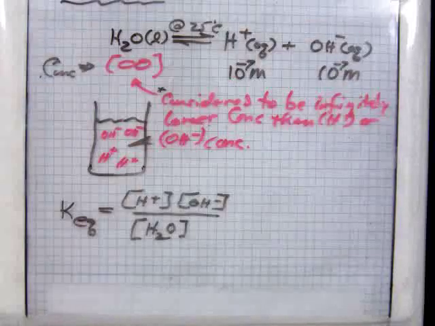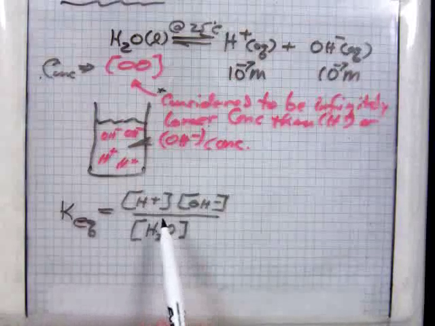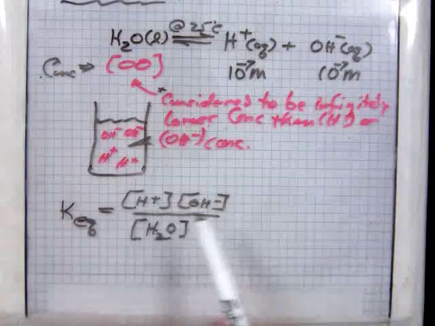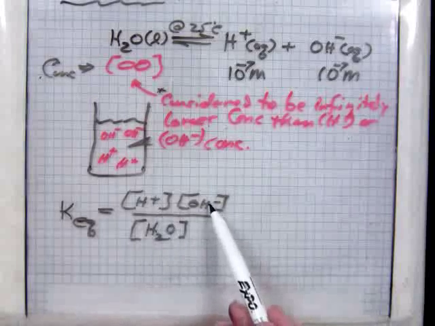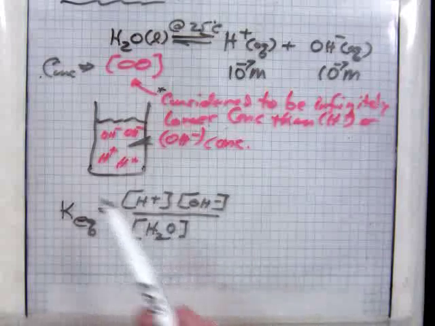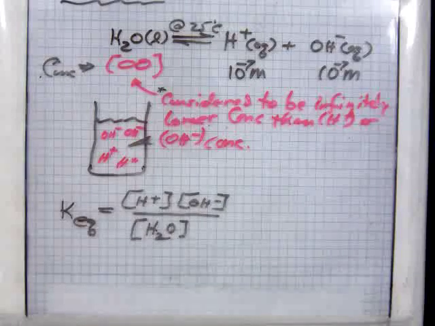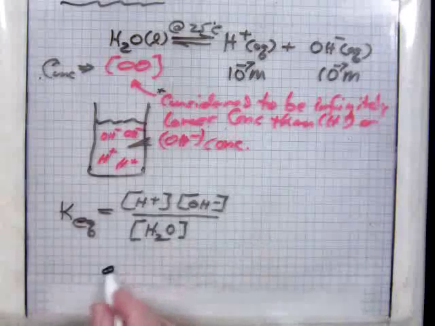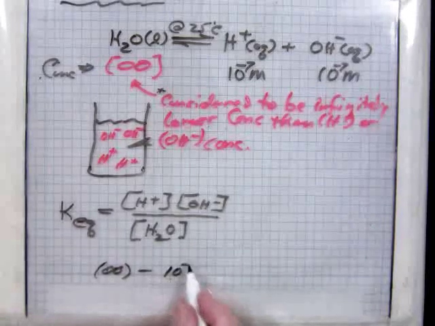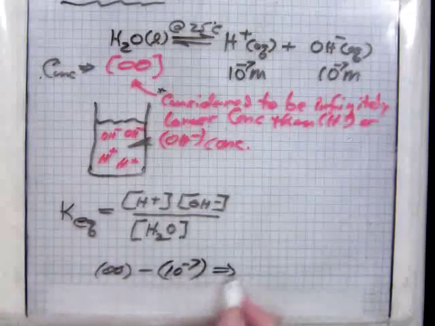So that would be the true equilibrium expression for the autoionization for water, as I've given you the equation up here. However, in the context of pure water, this is 10 to the minus 7 for hydrogen, OH would be 10 to the minus 7, but the denominator is infinity. So the amount ionized doesn't change the original concentration. So if you took infinity for water minus 10 to the minus 7, what would you get?